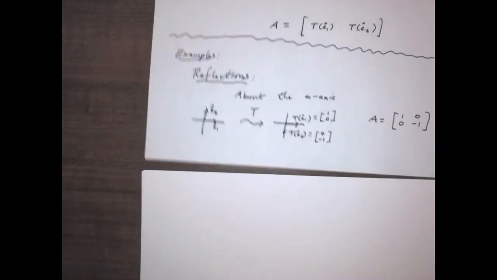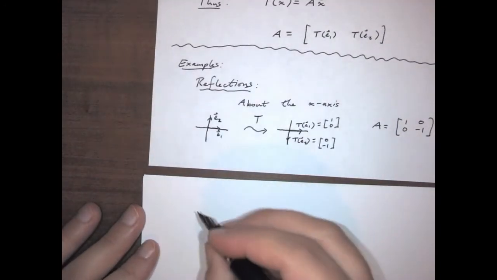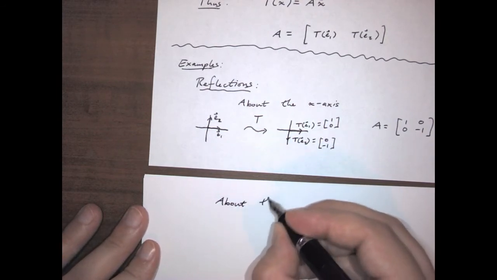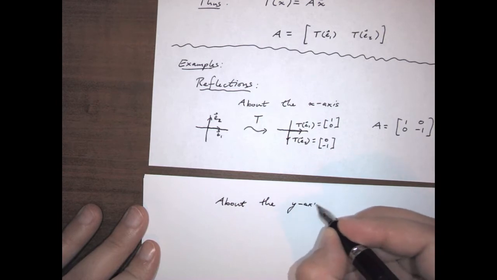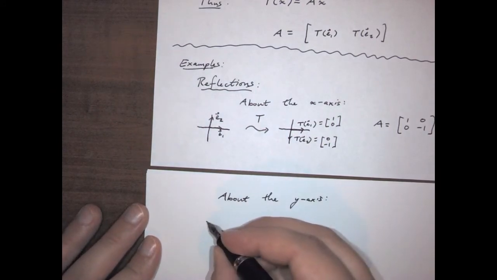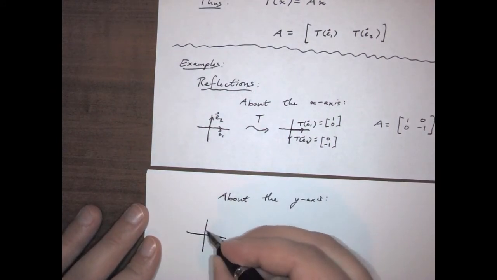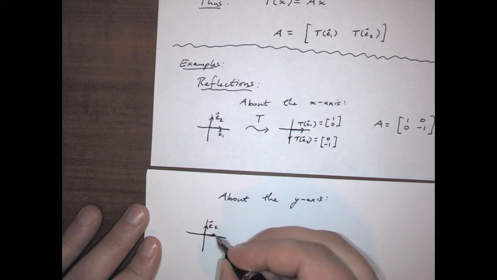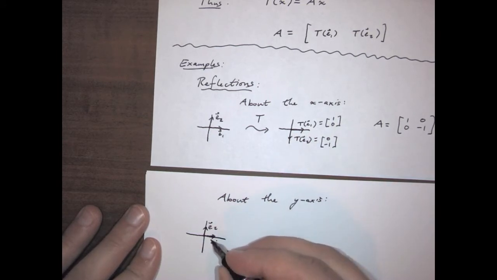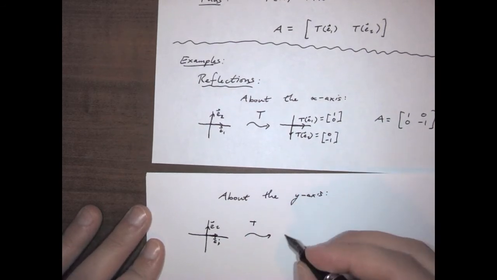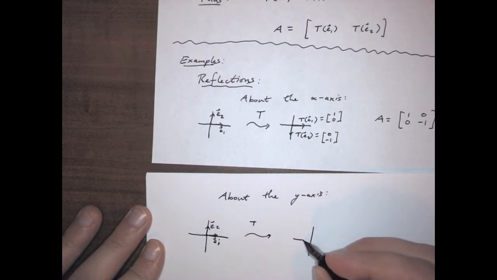Conversely, if we were to reflect instead about the y-axis, then the standard basis elements, E2 and E1, E1 would get sent, when we do this reflection, to the following.